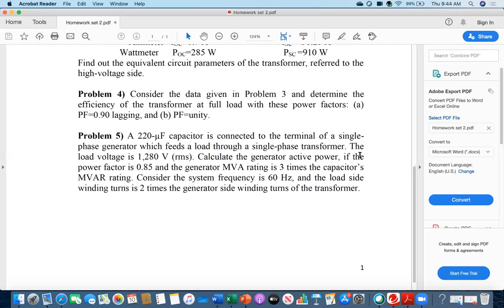And then let me show you the diagram. Just a moment. It will be like that. For example, you have your generator here. This is the generator, and it is single phase.